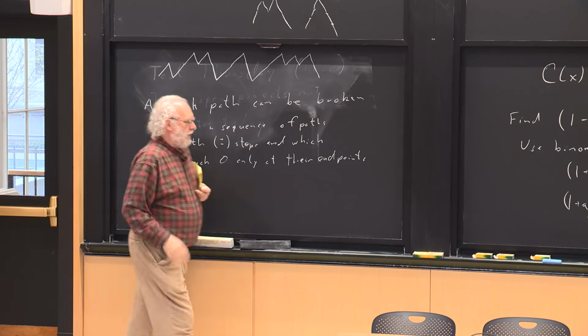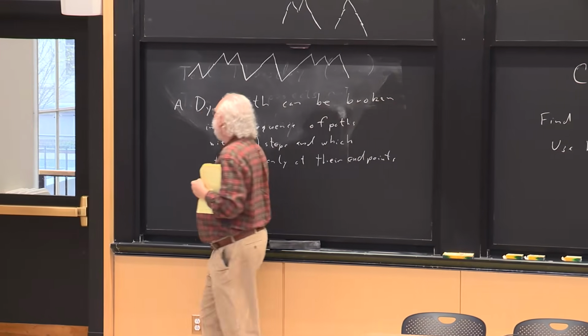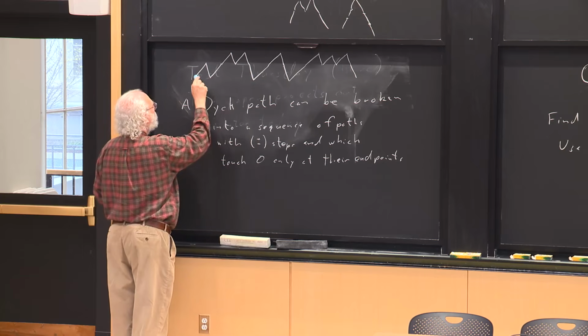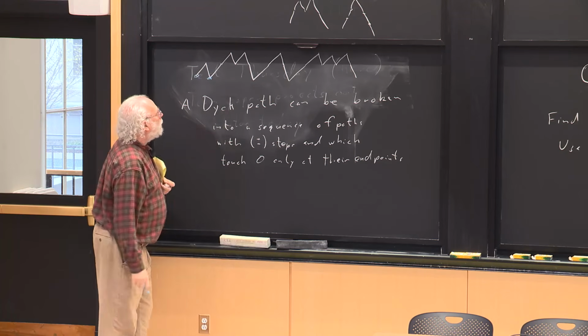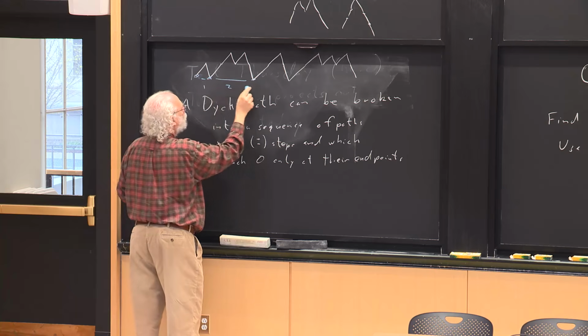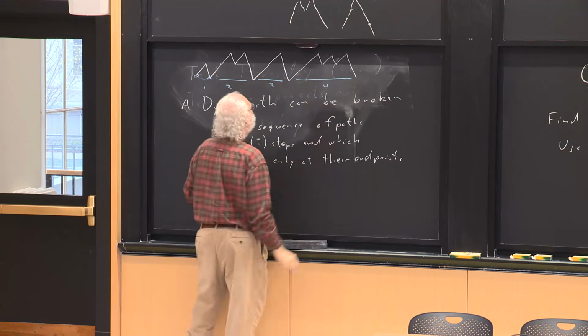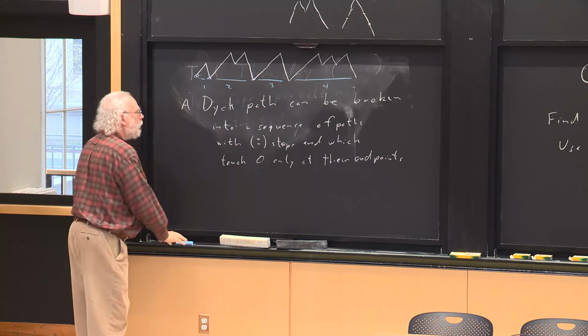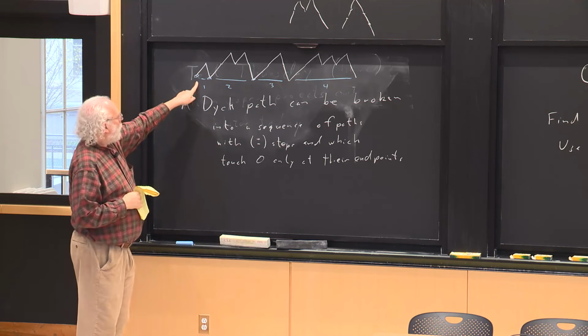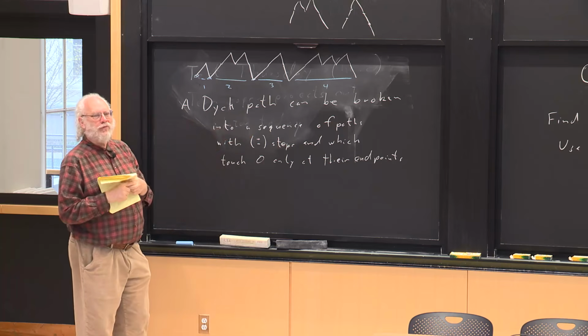So let's do it for this Dyck path. The first one is this guy. The second one is this guy. The third one is this guy. And the fourth one will be this guy. So it's pretty clear that every Dyck path can be broken into a sequence of this kind of paths.